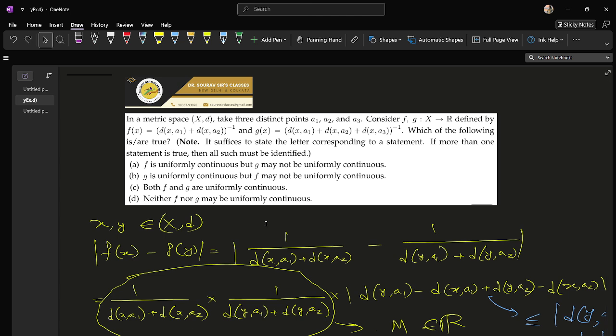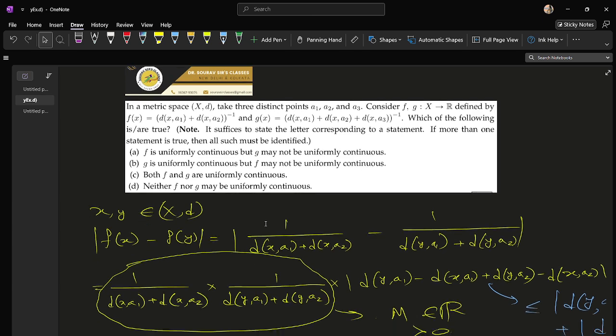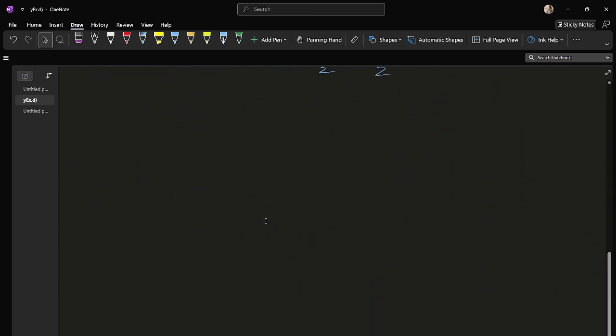Now we have to think about our g. For g, the same logical argument will be placed. Mod of g(x) minus g(y) can be written as what?